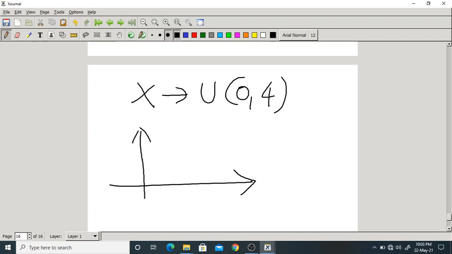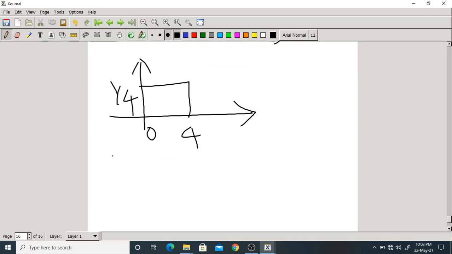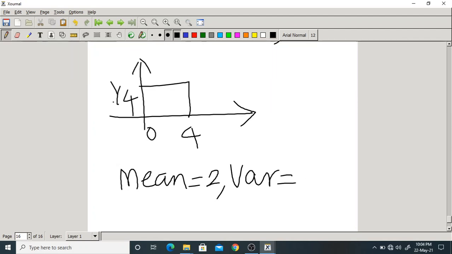Anyway this is not required, but I am drawing for your understanding purpose only. So what is the mean of this? Mean is 2. What is the variance formula? B minus a whole square by 12, that is 16 by 12 or 4 by 3.